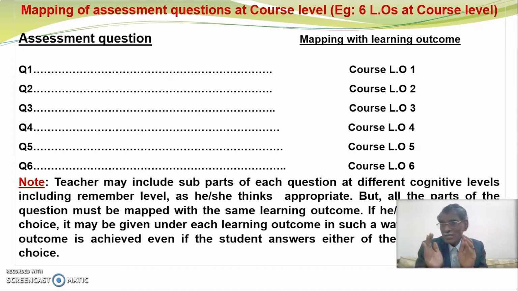It's very important. But all the parts of the question must be mapped with the same learning outcome. Again, the choice, the same case as we discussed earlier. Under each course learning outcome, there must be choice.